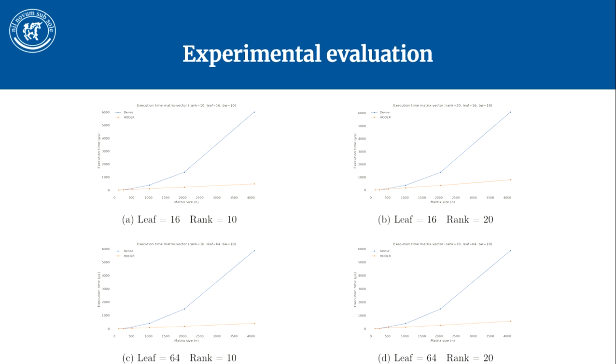But we do have to mention here that since we are using banded matrices, the dense matrix vector routine probably does not exploit that fact. This is a generic routine for matrix vector product, and we are using banded matrices.